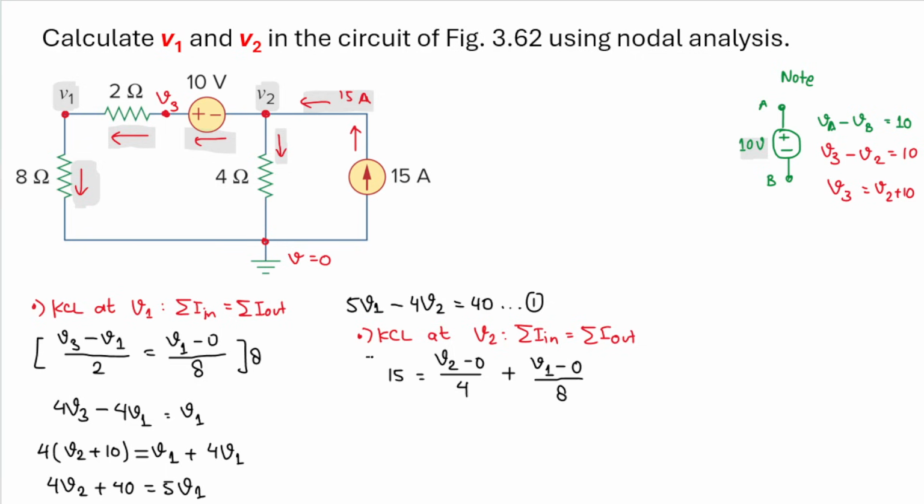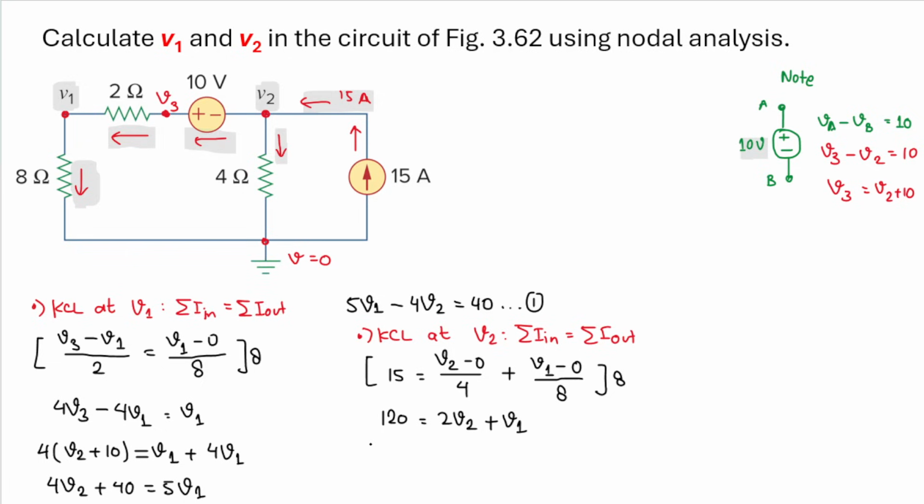Now let's multiply both sides by 8 again to get rid of all the denominators. 15 times 8 is 120. Then 4 and 8 cancel into 2, so I will have 2V2. And 8 and 8 cancel each other, so I will have V1 here.